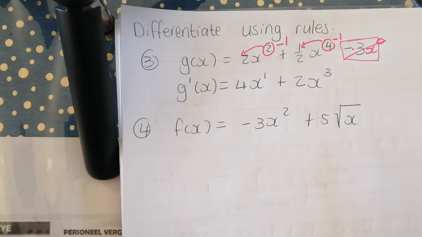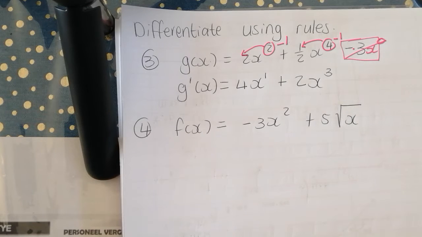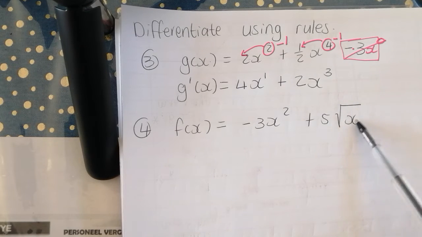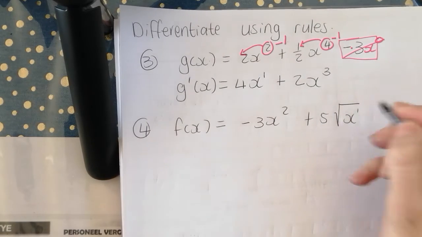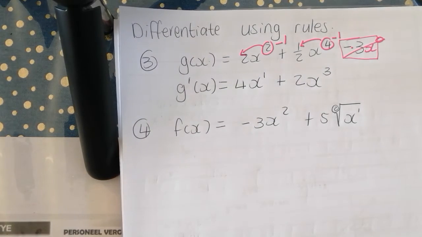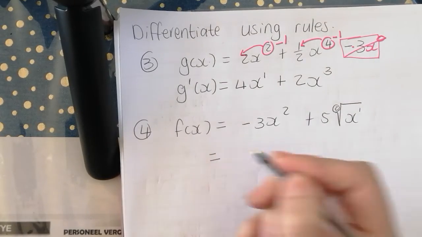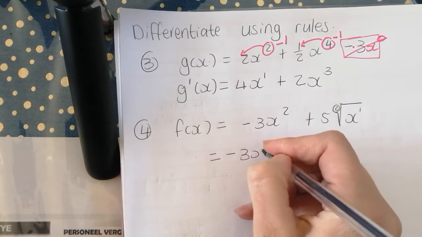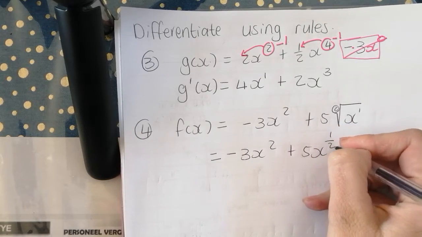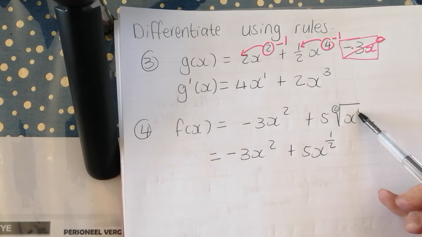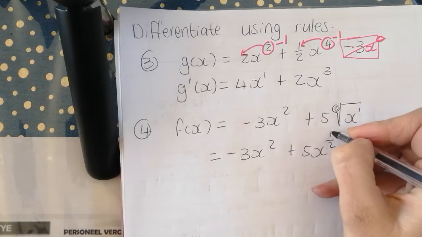With a square root, we don't have an exponent, so we have to change the square root into exponential form. Now remember, if it's not inside, it's on top, no? So this is negative 3x squared plus 5x to the power of a half. If it's not inside, it's on top.